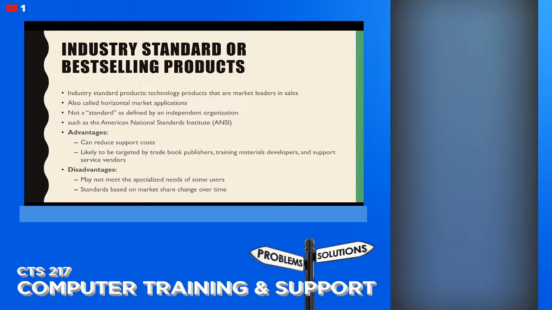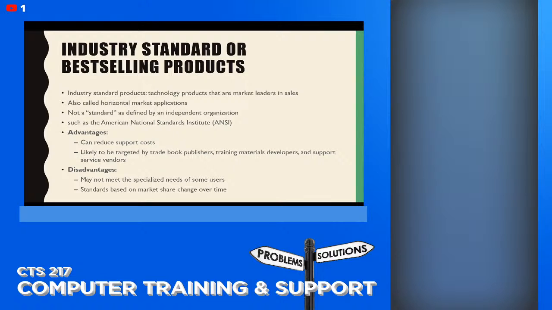And one of the things that this can do is reduce support costs. If you're able to benefit from a wealth of knowledge that's already available, it can help you find answers in a quicker manner and help you solve problems faster. And it's likely to be targeted by trade book publishers.